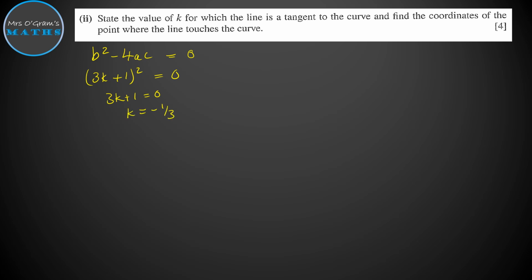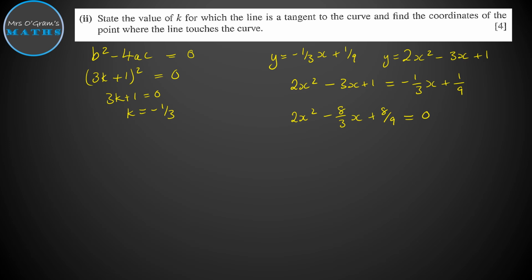And now we need the coordinates where that line touches the curve. So we are solving to find that point of intersection. So there's the two equations when k is equal to negative a third, set them equal to each other, rearrange into a quadratic, and then solve for x.